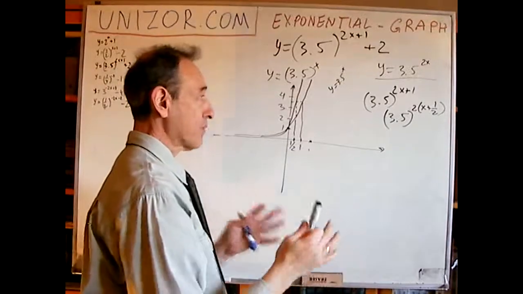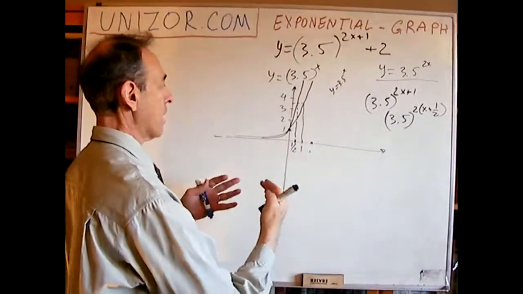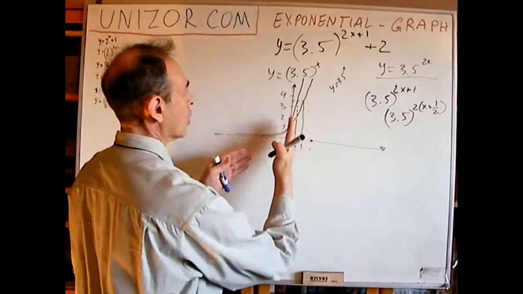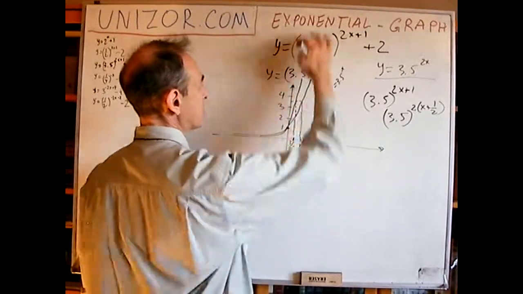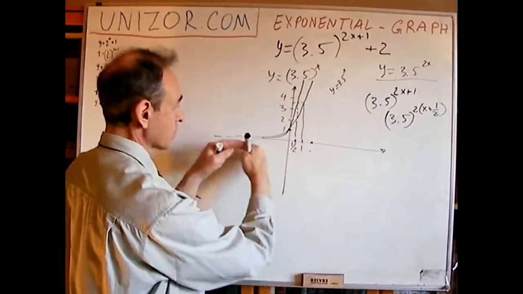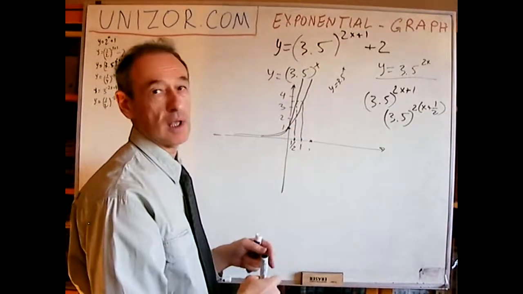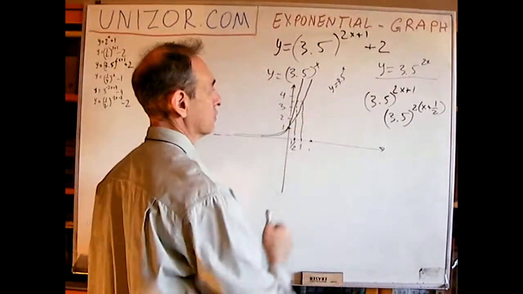Now, both approaches. One means I'm multiplying the function by 3.5, which means everything to the right of 0 will be steeper by 3.5 times, and on the left it would be closer to the 0 because it's less than 1 by a 3.5 factor. So that's my multiplication by 3.5.